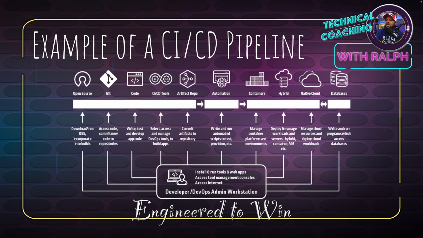The CI/CD pipeline is just putting all those things together. So the native cloud: manage cloud resources, deploy cloud workloads, and then for databases, write and run programs which access databases. These different components make up that CI/CD pipeline.